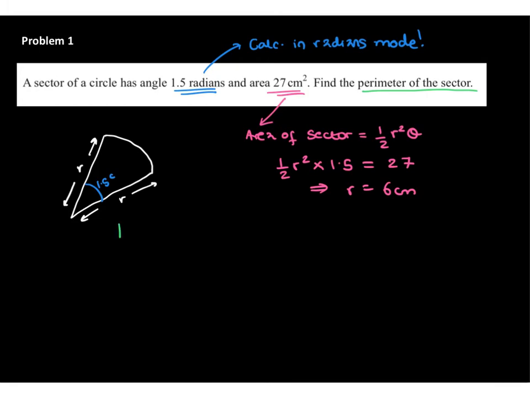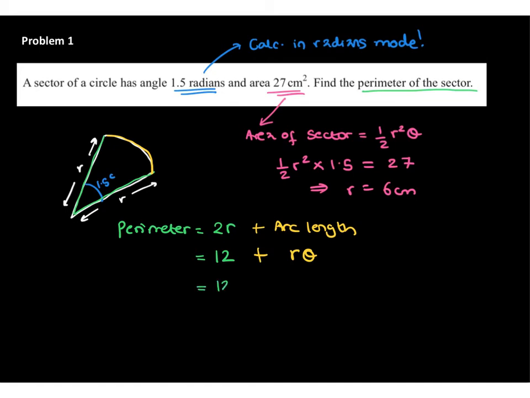Now, the perimeter is going to be equal to 2 lots of the radius, here and here, add the arc length. So we want 2 lots of the radius plus our arc length. So 2 lots of the radius is simply 12, and our arc length is given by r theta in radians again.